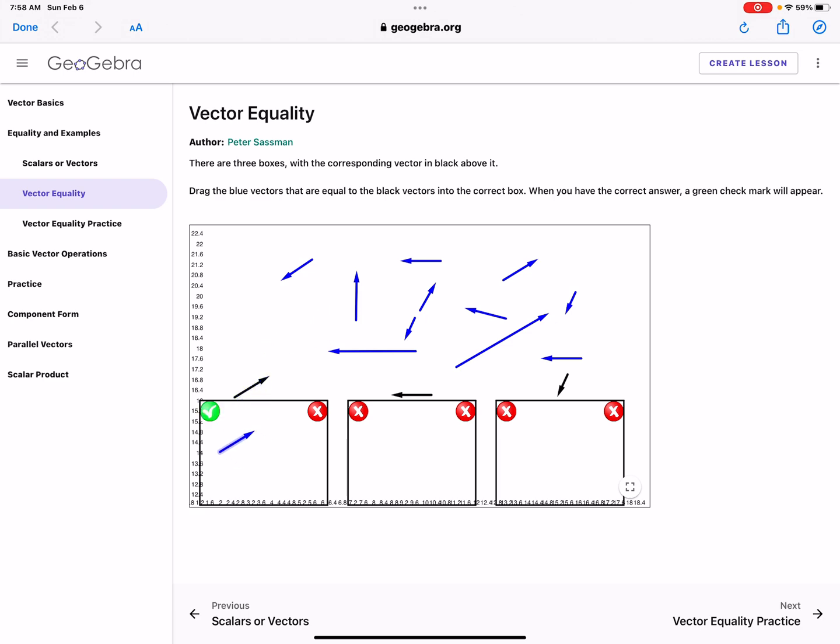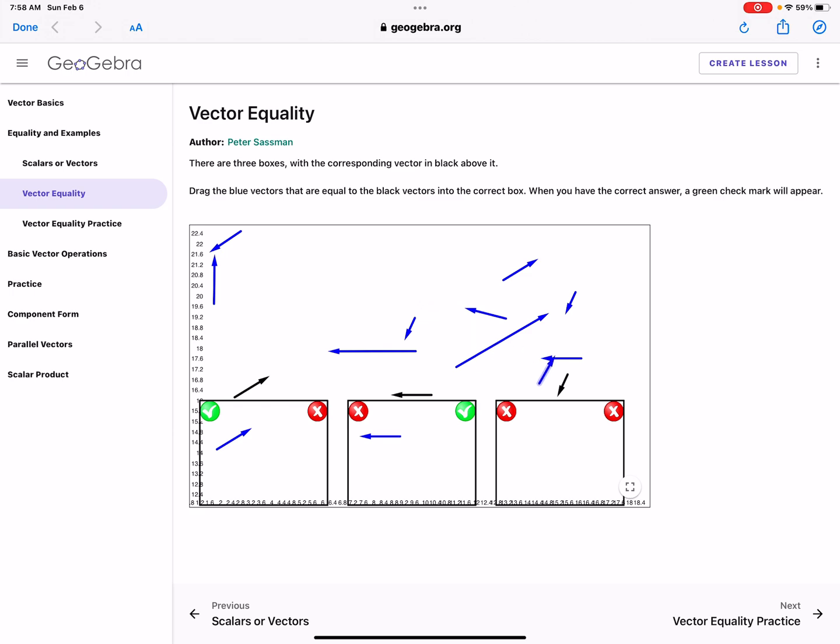It seems that they're equal. So there we go. Gonna try this vector here. No, it doesn't fit here. Doesn't fit. And you can tell that they're not equal. So this vector goes nowhere. Now, this vector goes upwards. So we don't have any upwards vector in here. So this doesn't fit in any of the boxes. So we have this vector in here. Let me check and see. It looks the same as the one in the middle.